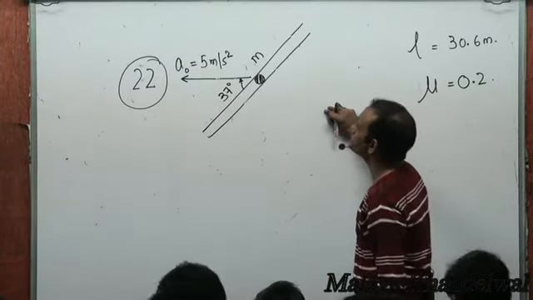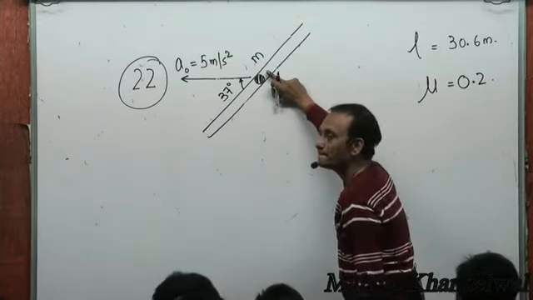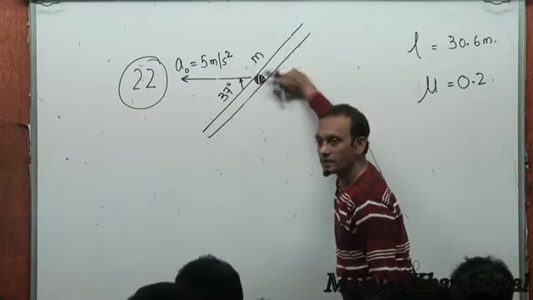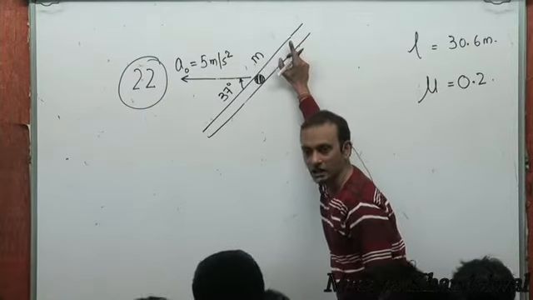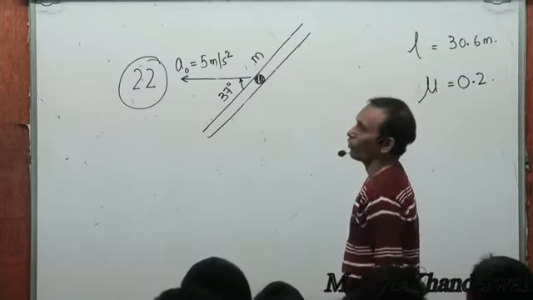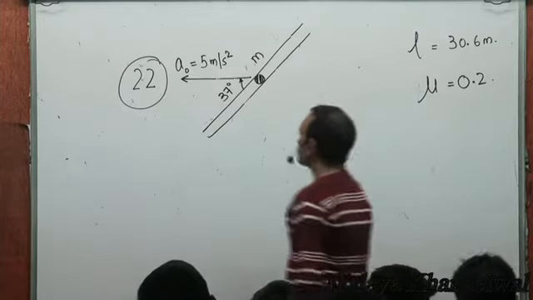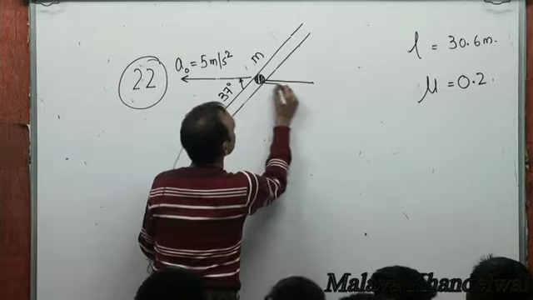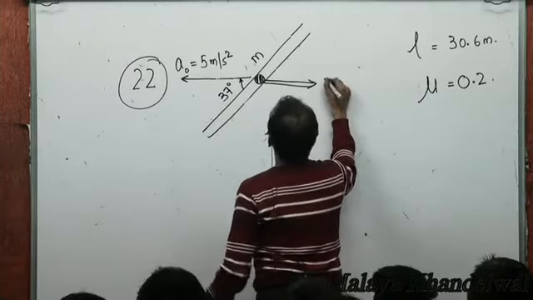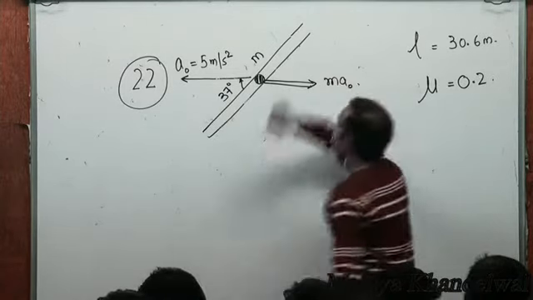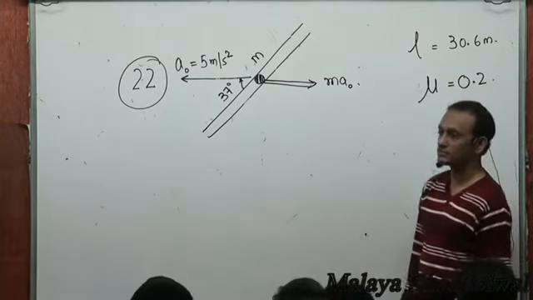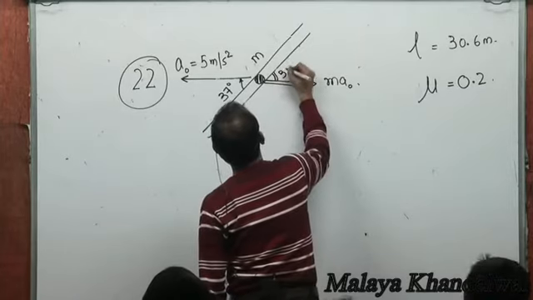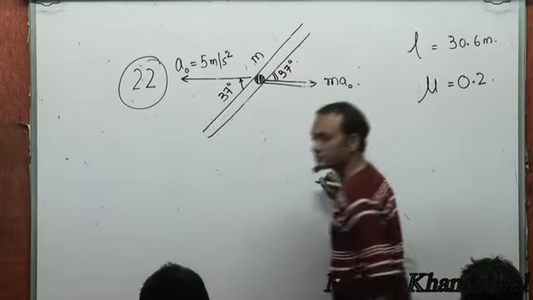Now, let me look at small m in a frame of reference attached to the rod. Then, do you realize that it will experience a pseudo force m a naught at 37 degrees?